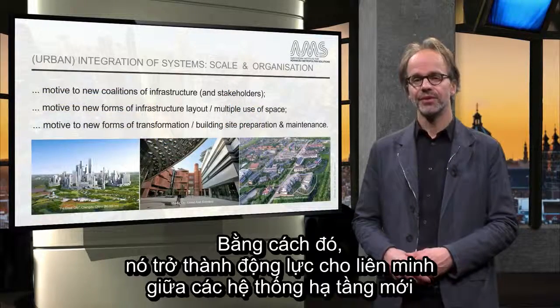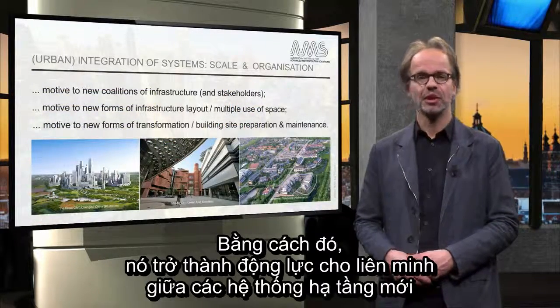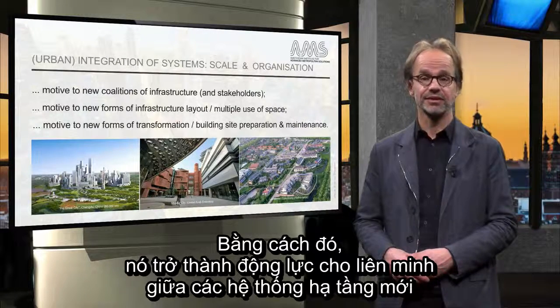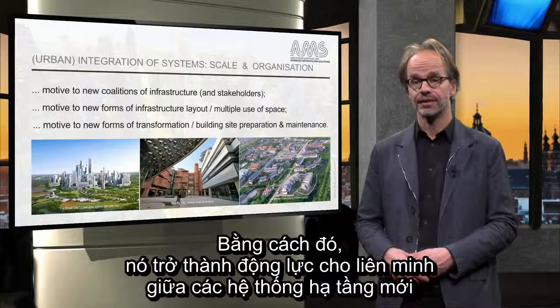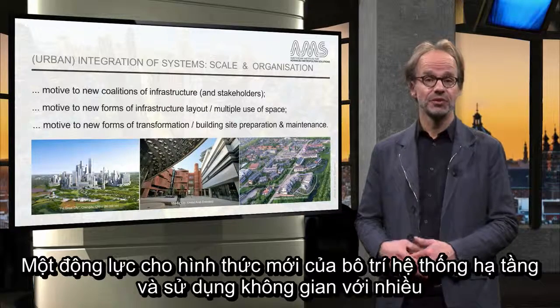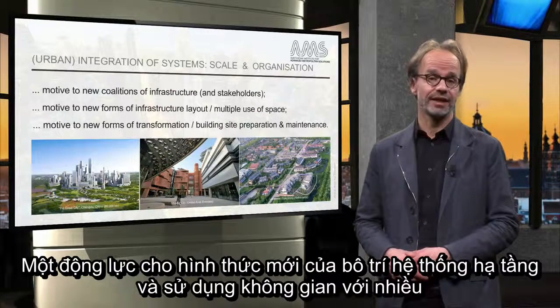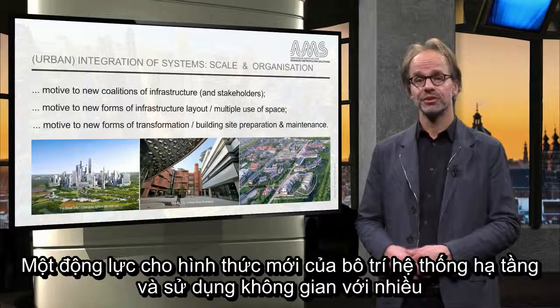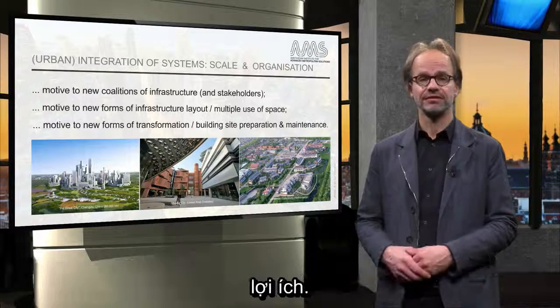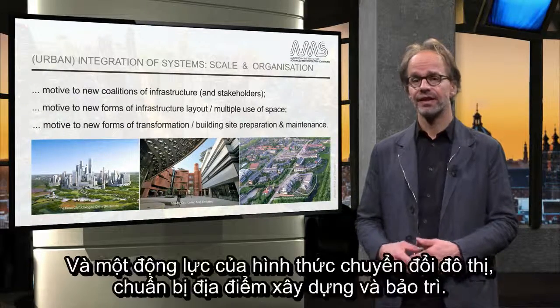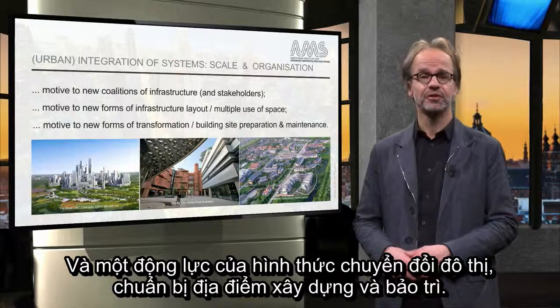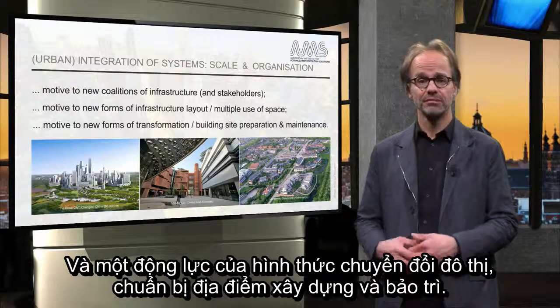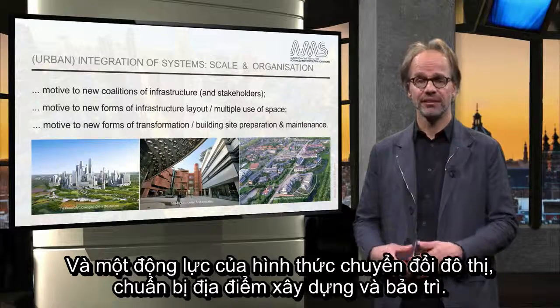In doing so, it becomes a motive to new coalitions of infrastructures and stakeholders, and also a motive to new forms of infrastructure layout and multiple use of space with multiple benefits. And finally, as a motive to new forms of urban transformation, building site preparation and maintenance.